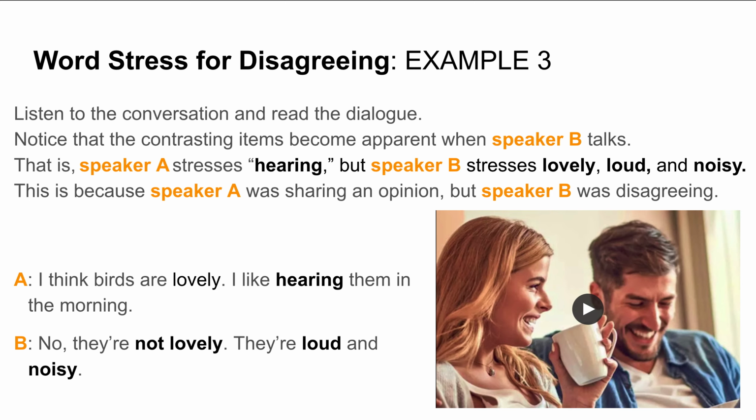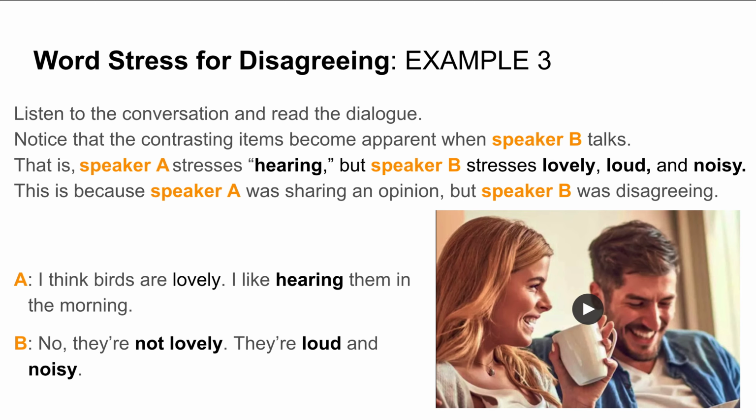This example three is going to be a little bit different. Again, listen to the conversation and read the dialogue. But please notice that the contrasting items become apparent when speaker B talks. That is, for example, speaker A is going to stress hearing, okay? But speaker B will stress lovely, that is not lovely, loud, and noisy. The reason for this is because speaker A was only sharing an opinion, whereas speaker B was disagreeing.